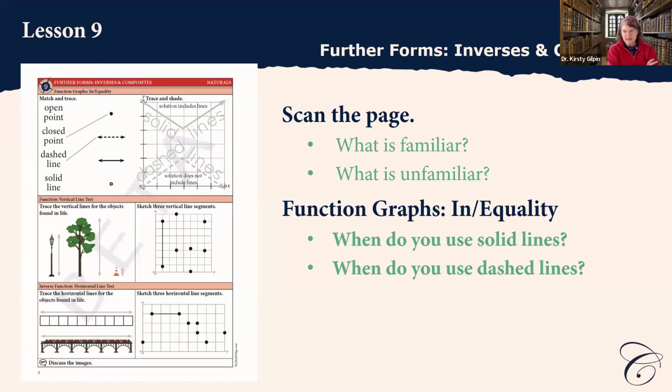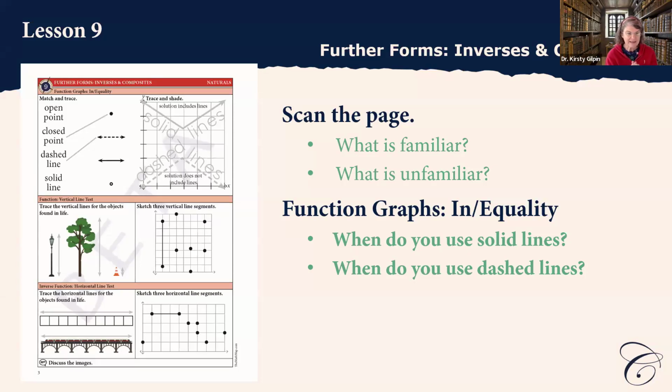Well, Jill just did a great job of saying it. If we were talking about strictly less than, strictly is a word that helps us describe whether it's just one thing or possibly two things.